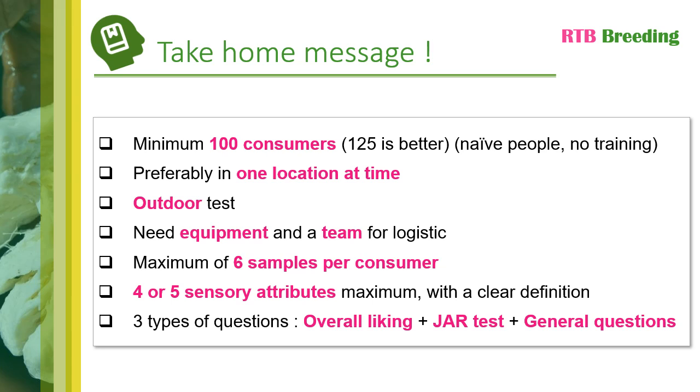To be able to carry out this study, you need some equipment and an available team. Remember not to test more than 6 samples per consumer and to test only 4 or 5 sensory attributes in the jar test section. Finally, the questionnaire will be made up of 3 types of questions: the overall liking, the jar test, and the general questions.